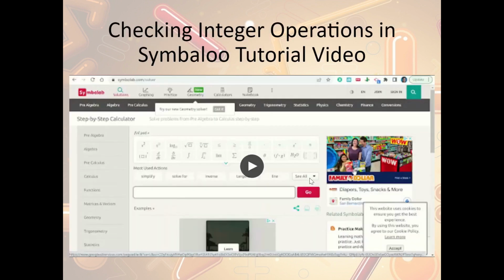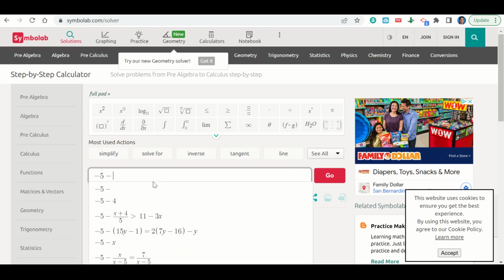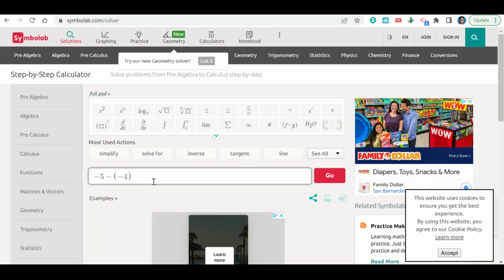Now there's a video here that shows you how you can check integer operations using Symbolab. So you can use that to check your work. Let's take a look now at how we can check our answers on Symbolab for integer operations. So we go to Symbolab.com and we're going to go ahead and put in our integer operations. So let's say we had a question that said -5 minus -4.